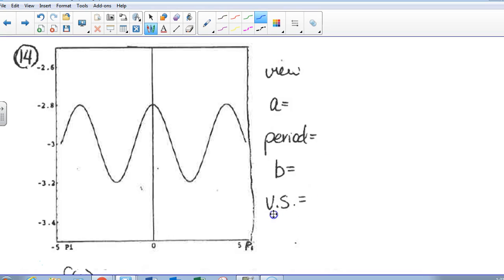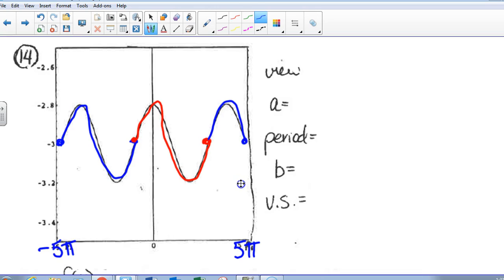On number 14, from the left end, which is at negative 5 pi, to 5 pi, it did 2 and a half periods.